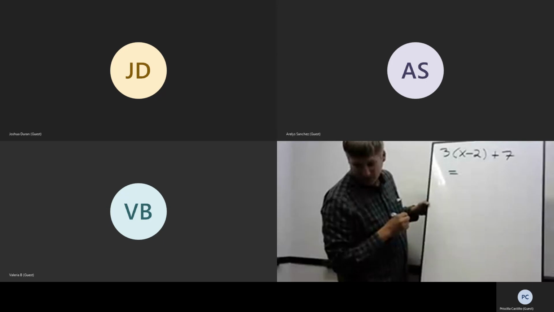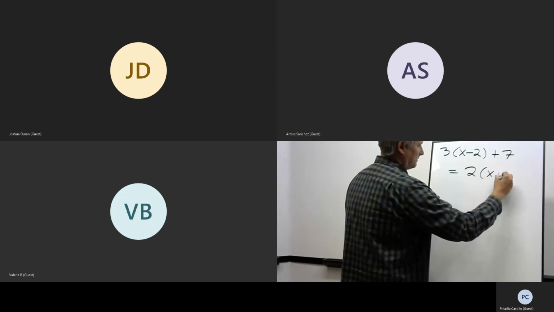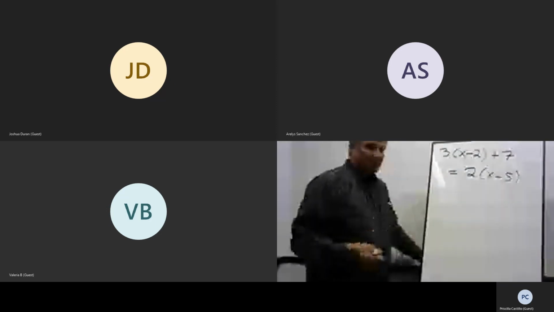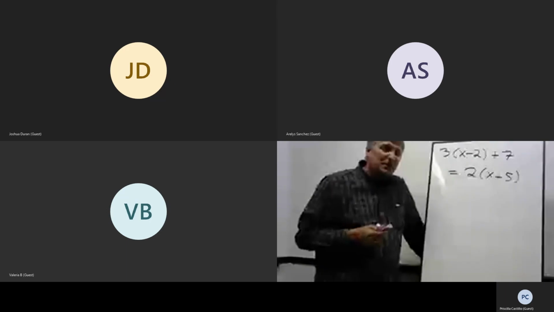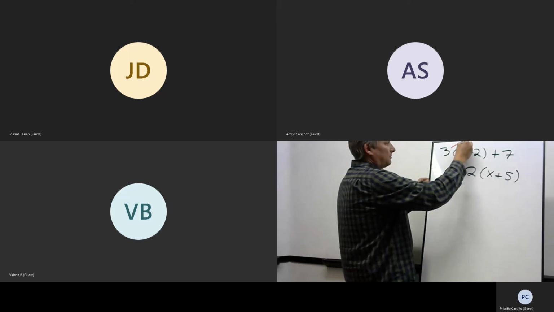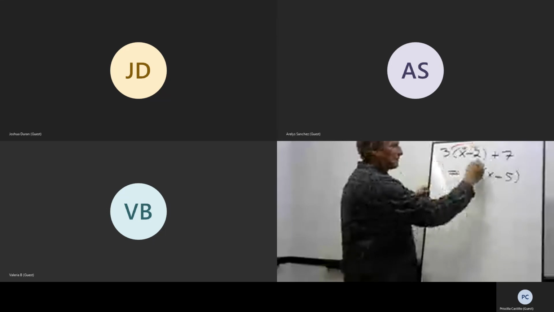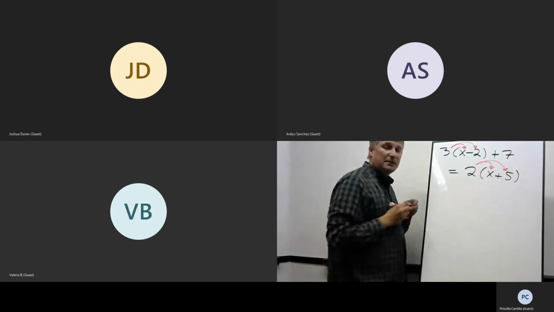Let's see here. All right. So again, we're solving for x. Now, the easiest thing to do here is to distribute. So distribute 3 to x and to minus 2. Then 2 to x and then to 5.